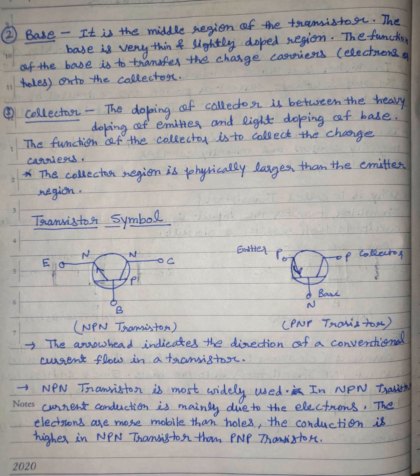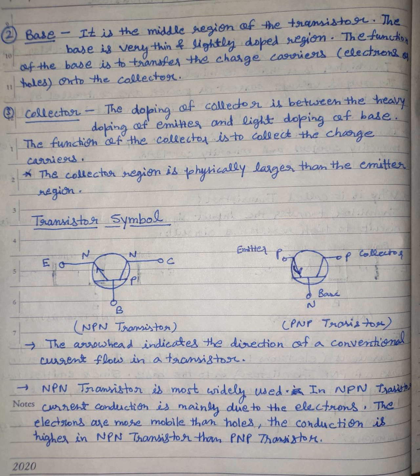NPN transistor is most widely used. We have two types of transistor, NPN and PNP, but we mostly use NPN transistor. In NPN transistor, current conduction is mainly due to the electrons. It means majority charge carriers in N regions are electrons.